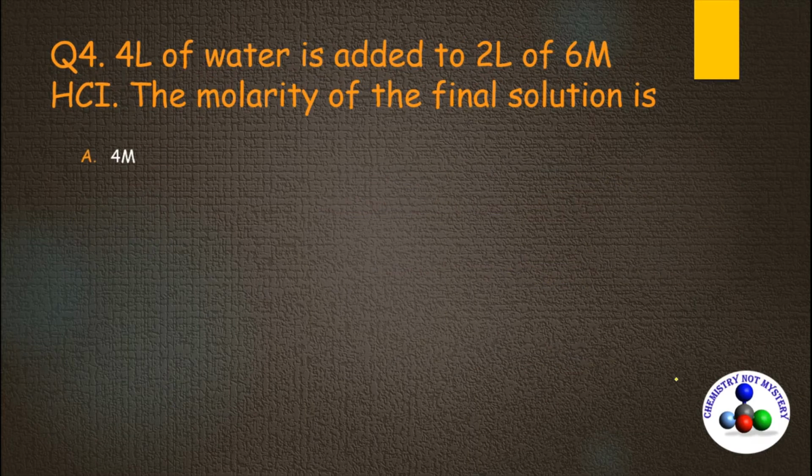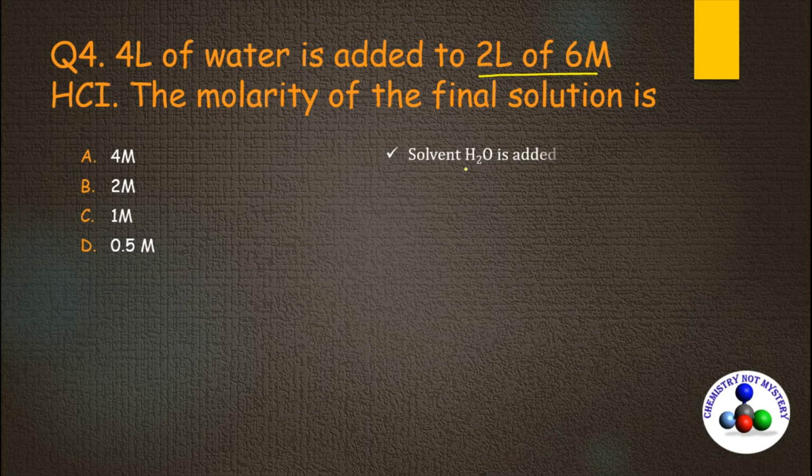4 liter of water is added to 2 liter of 6 molar HCl. The molarity of the final solution is, options are given below. So in this question, more solvent is added while the amount of solute remains the same.